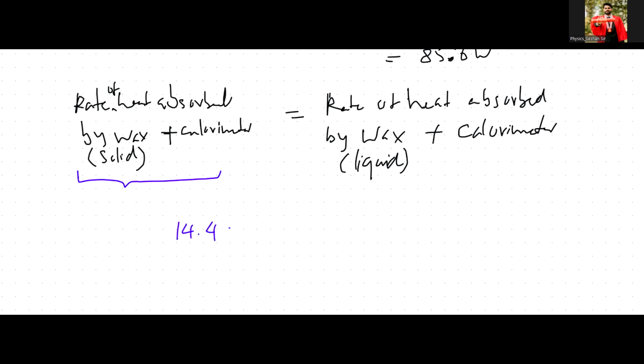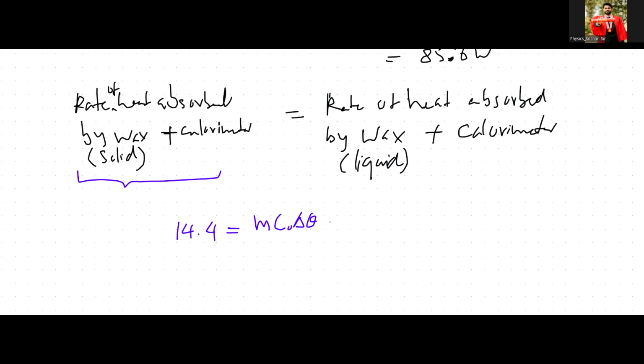So this should be equal to the rate of heat absorbed by the wax. That one we can write as m C naught delta theta over t.